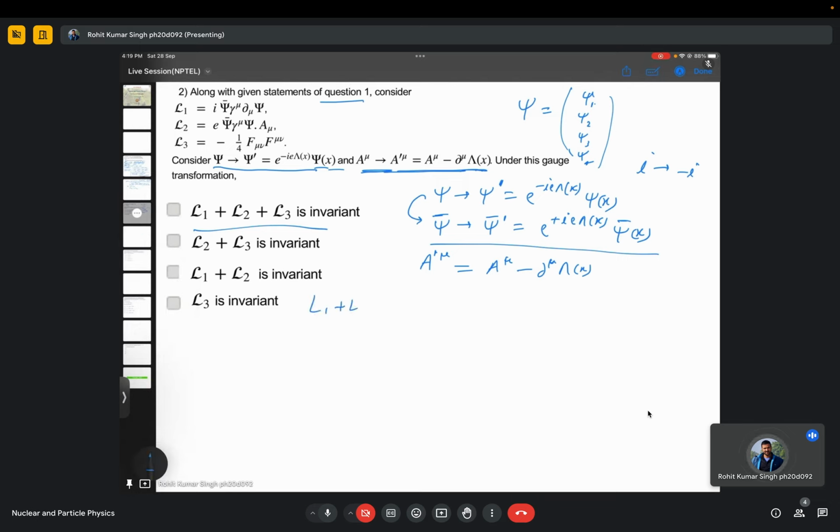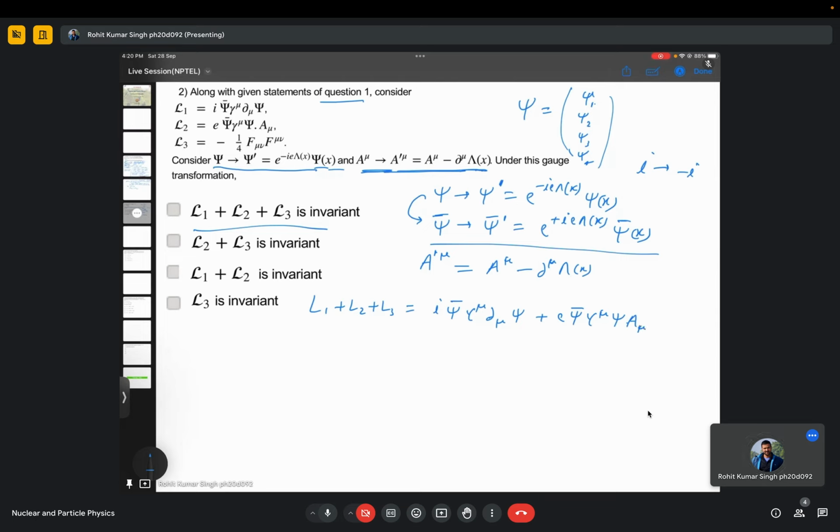So L1 plus L2 plus L3, which is i psi bar gamma mu del mu psi plus e psi bar gamma mu psi dot A mu.